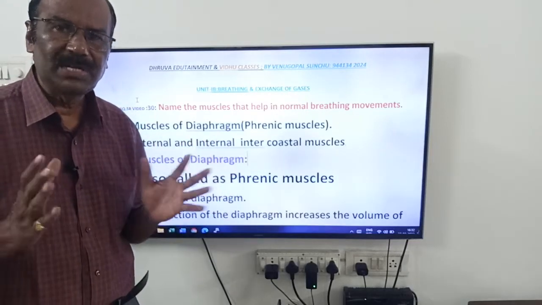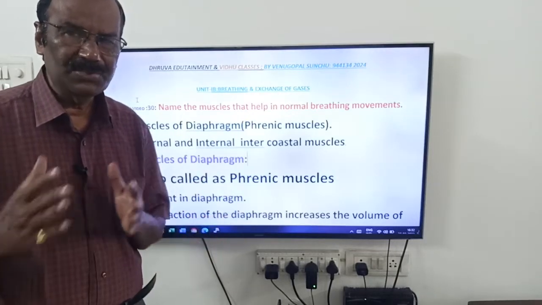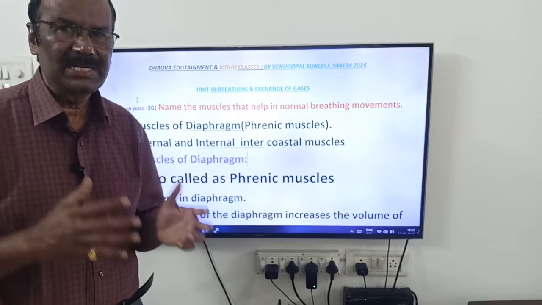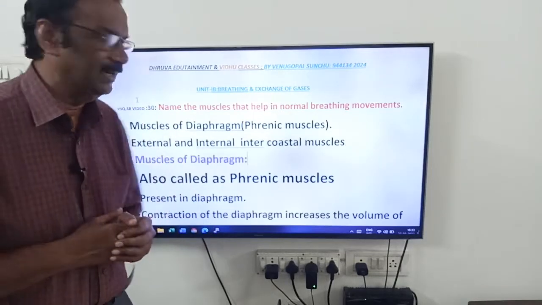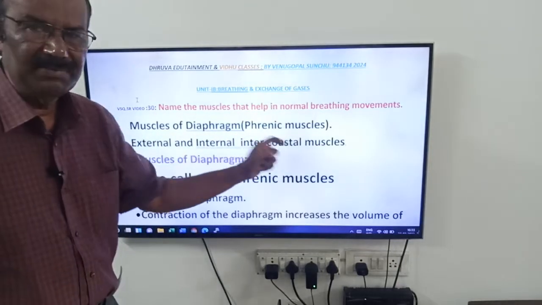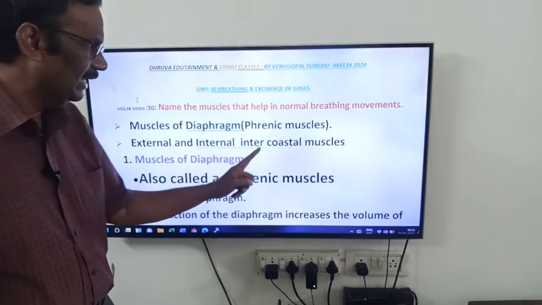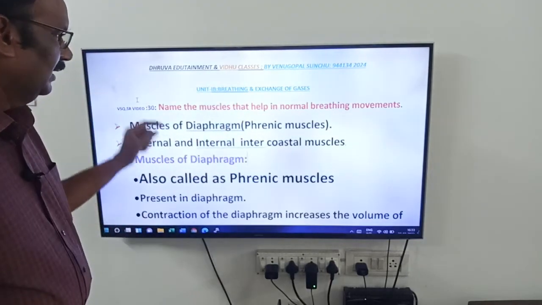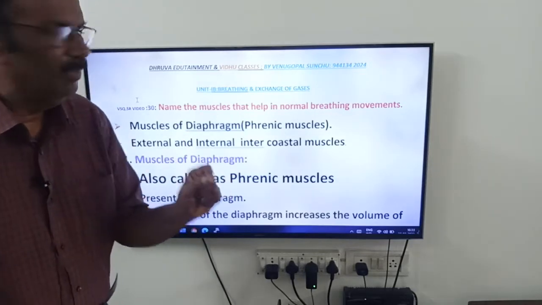These costal muscles are of 2 types: internal intercostal muscles and external intercostal muscles. Now come to our answer. Muscles of diaphragm, which you may call phrenic muscles, and external and internal intercostal muscles, these 2 types of muscles help in normal breathing movements.